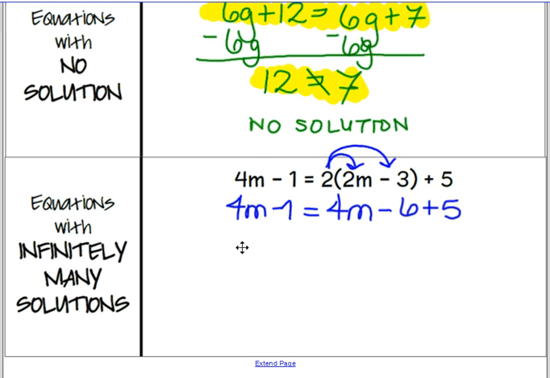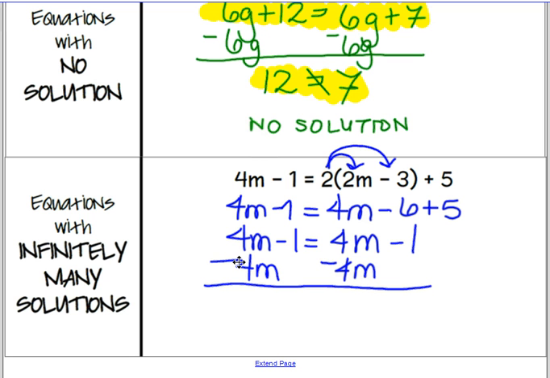So still nothing to do with the left side yet, so I'll just bring that down. So 4m minus 1 is equal to, and I can combine the negative 6 and the positive 5. So I'm going to bring down my 4m, and negative 6 plus 5 gives us a negative 1. So I'm going to move my variable. So I'm going to subtract 4m and subtract 4m.